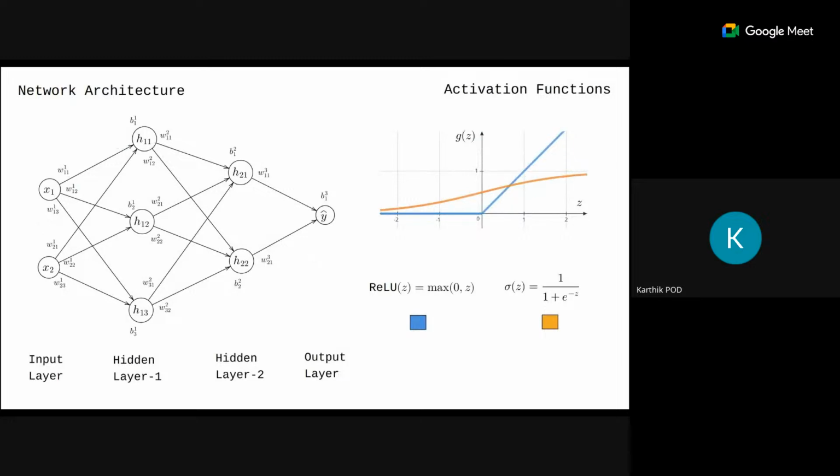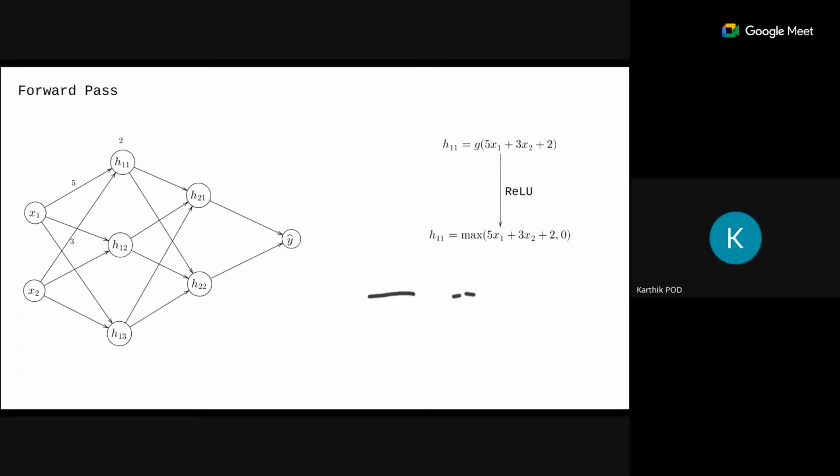There are two types of activation functions. One is called ReLU. What this ReLU will do is, whatever comes in, if it is positive, it will retain that positive value. If it is negative, it will just substitute that with 0. Let's do one example here. This is g of 5x1 plus 3x2 plus 2.